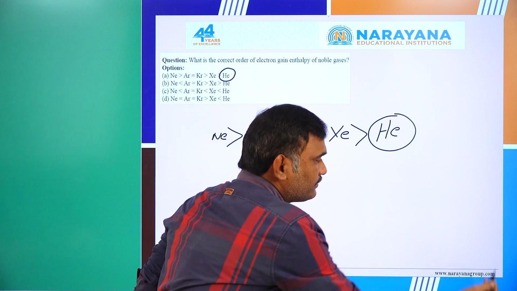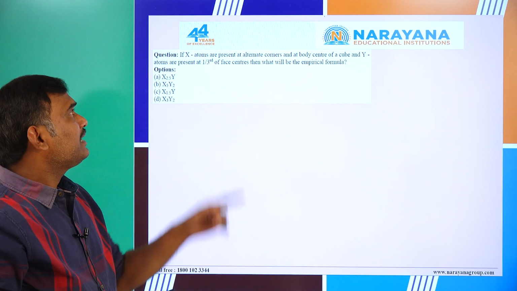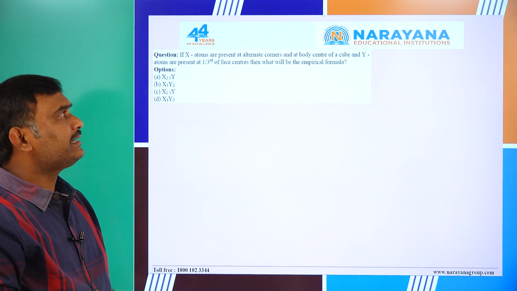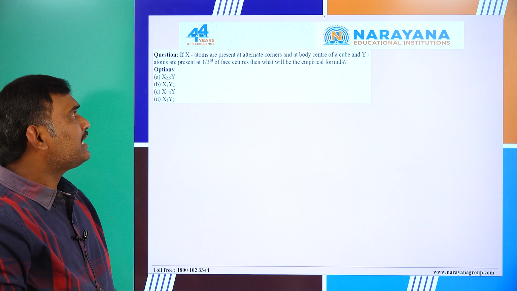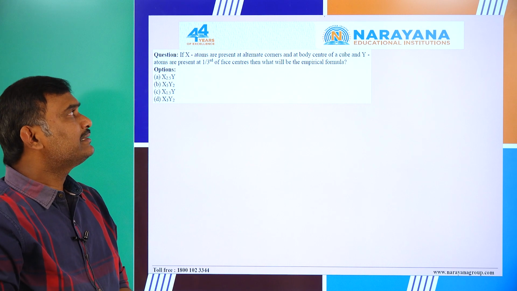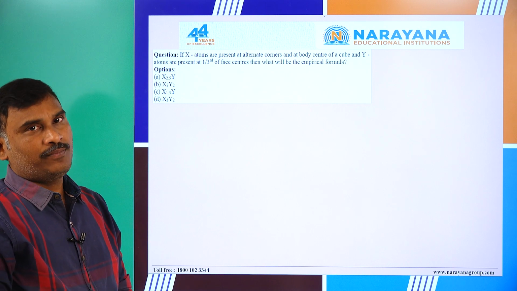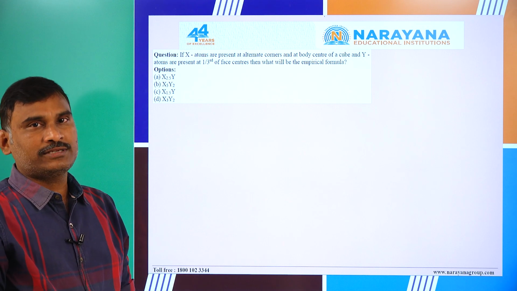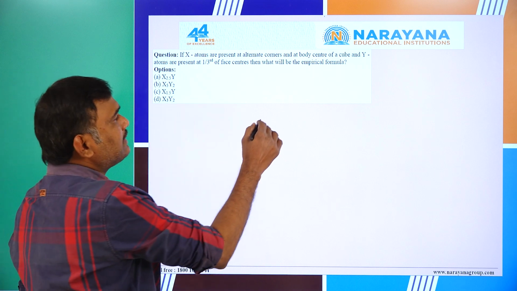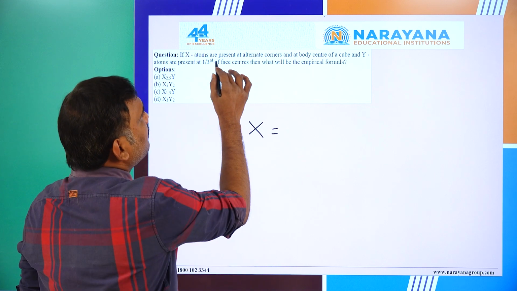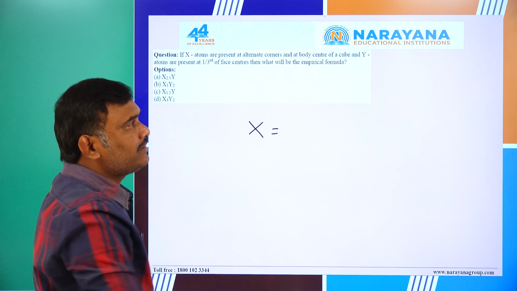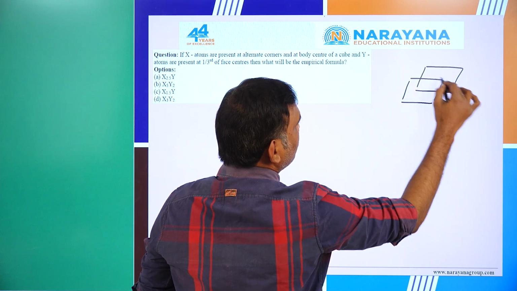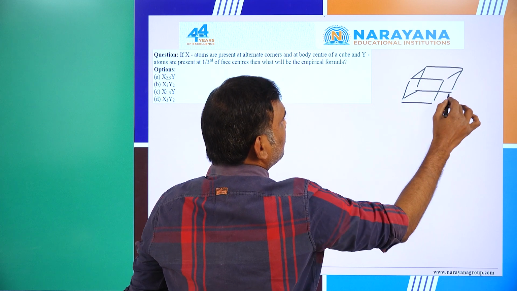Next question, students. If X atoms are present at alternate corners and at the body center, and Y atoms are present at 1/3 of the face centers, what will be the empirical formula of the compound? Actually, students, this question is based on solid state chemistry. X atoms are present at alternate corners. For a cube, the total number of corners is 8.